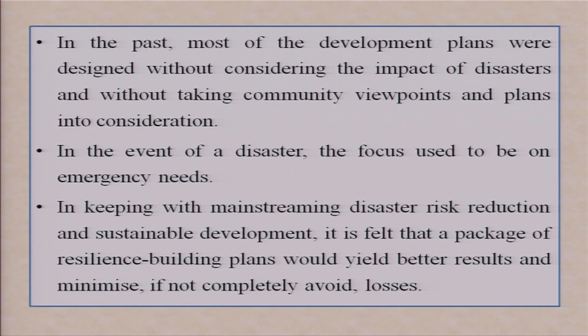So what do we mean by mainstreaming disaster risk reduction? Before the 1990s, disaster management meant we used to manage the disaster. Once the disaster happened, the government would provide relief packages, relief material, and distribute food material. These things were completely about managing. After that they concentrated more on prevention activities.